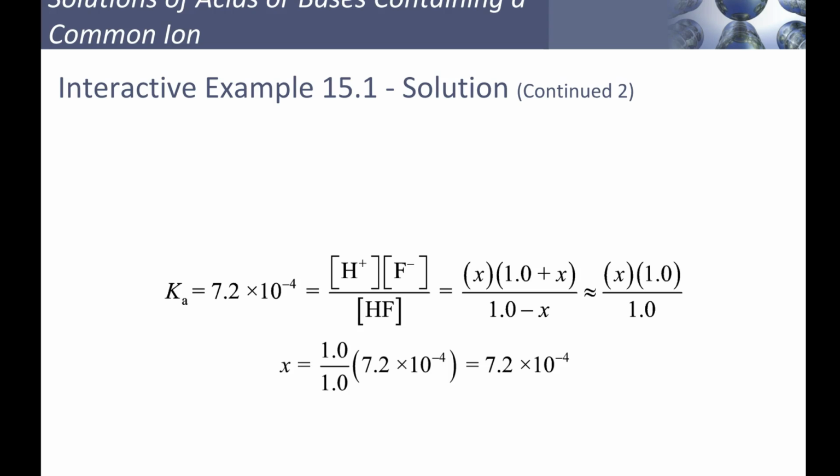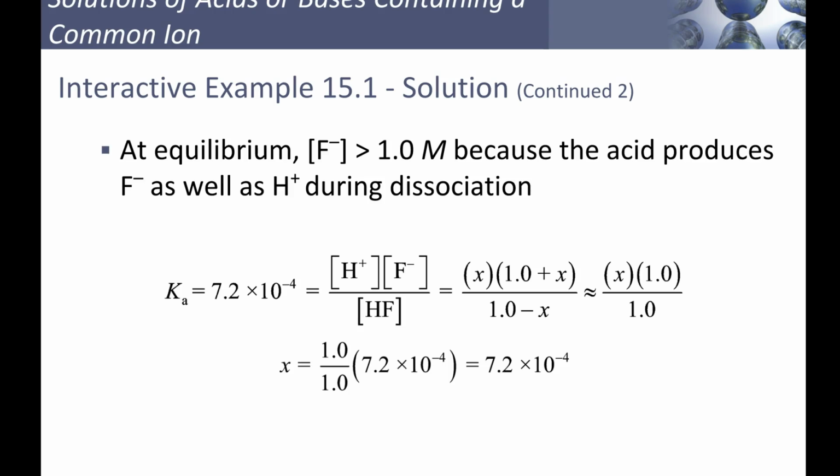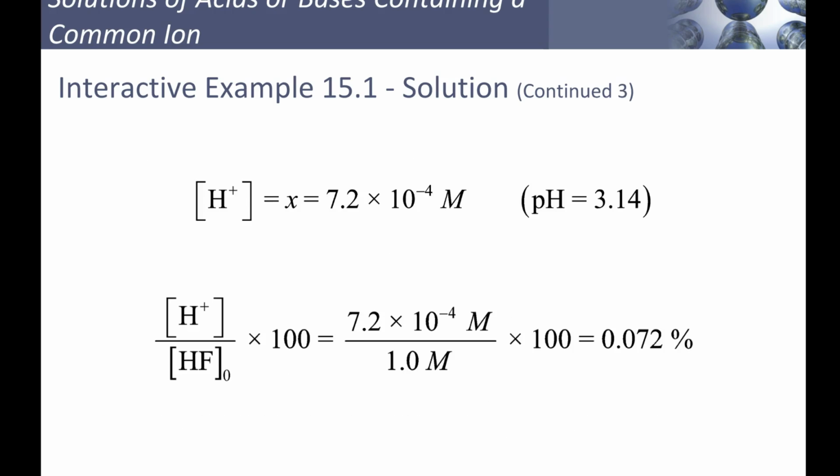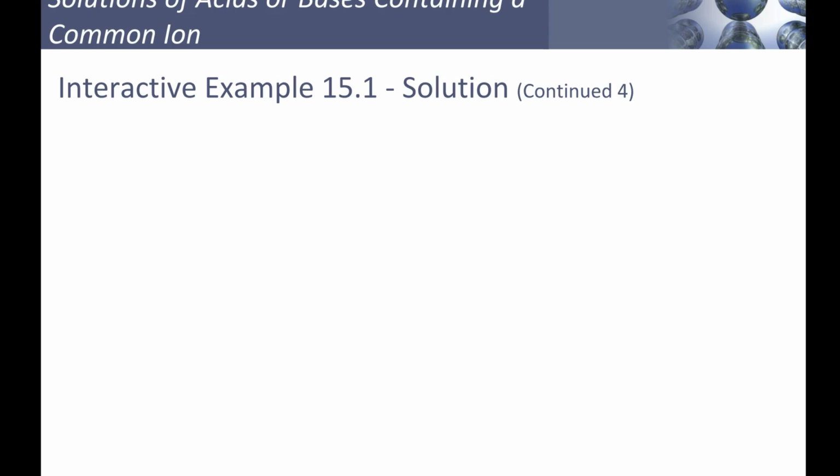So it's probably going to be much less than 5%. So you solve for X, and you get that X is 7.2 times 10 to the negative 4. And then if you wanted to see if you're right, here you go. That's only 0.0072%, so you're good. And then once you find your hydrogen ion concentration by solving for X, then you can find your pH.